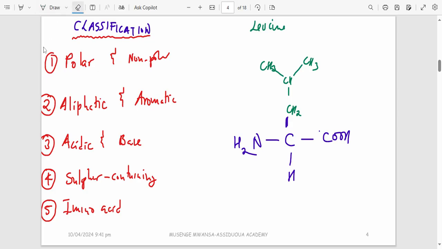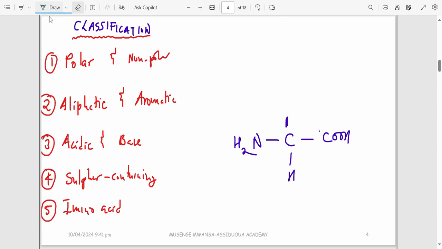What do you think? It's going to be non-polar because it has got a lot of carbon hydrogen bonds. That is going to be the same also with isoleucine, which is also non-polar.